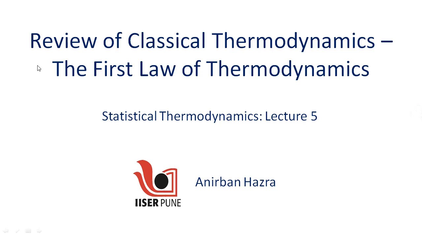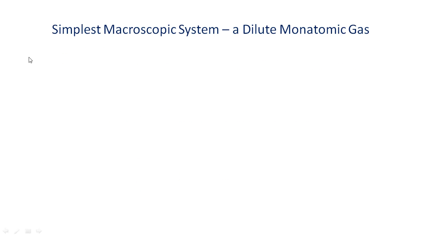Let us start with the simplest macroscopic system, namely a certain fixed quantity of a dilute monoatomic gas. If you have watched the previous lecture on heat carefully, you will notice that there I did not specify the gas to be monoatomic. It was just a dilute gas then.